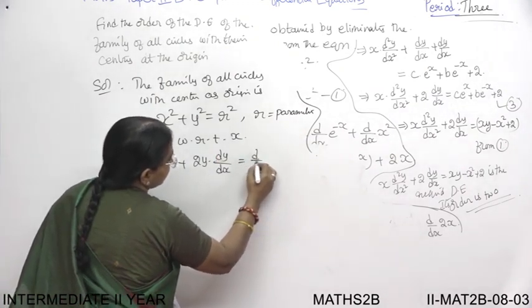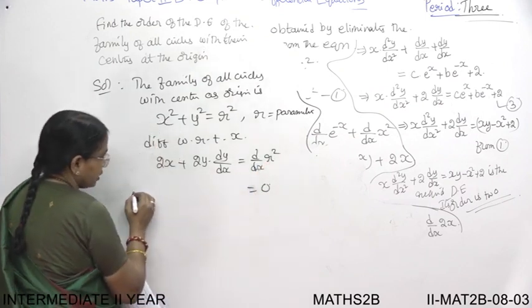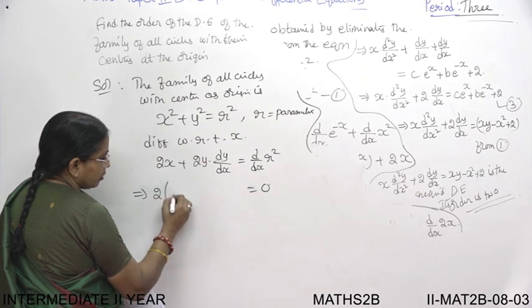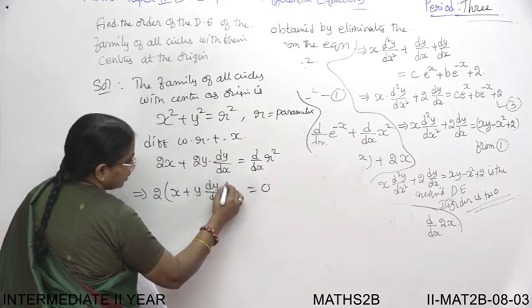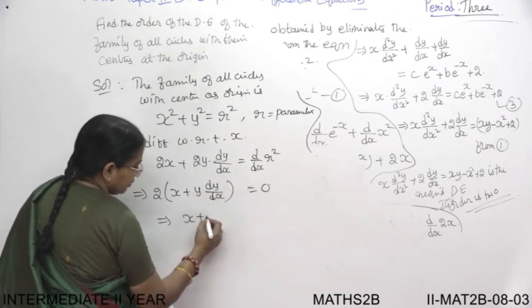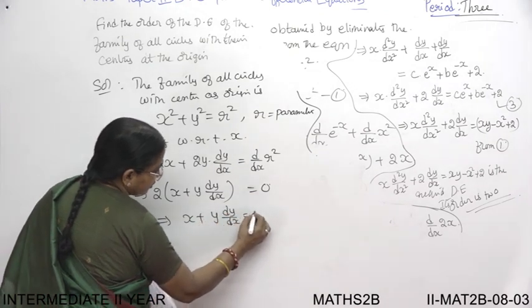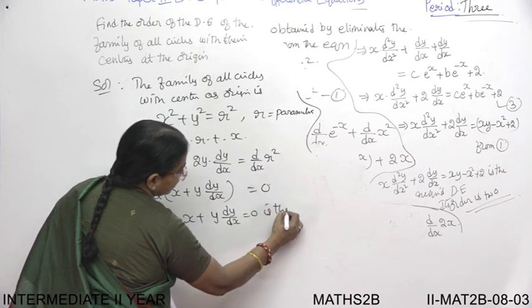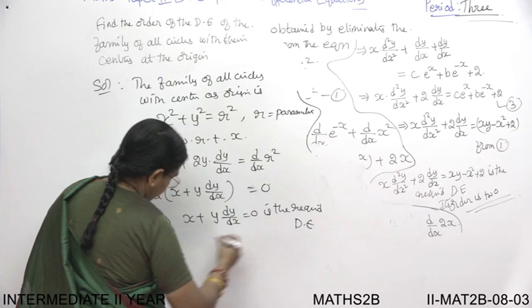So 2 I can take common: x plus y dy by dx is equal to 0, since 0 by 2 becomes 0. So x plus y dy by dx is equal to 0 is the required differential equation.